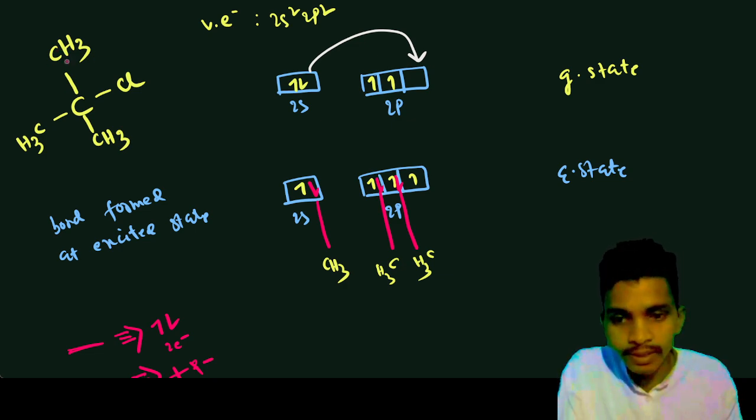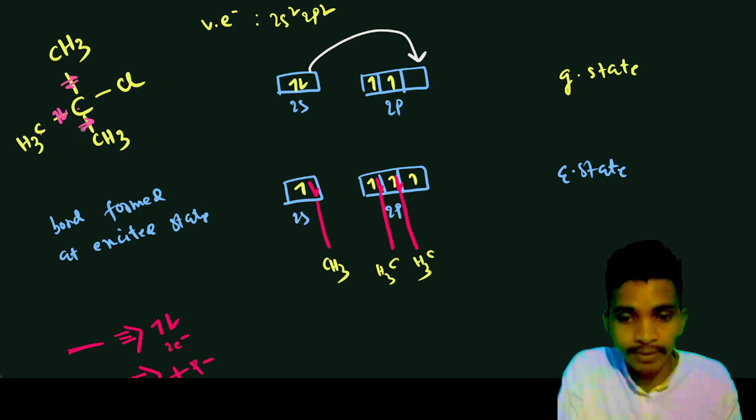Since this is carbon and this is carbon, the electronegativity difference between them is nearly the same, so the bond will lie somewhere in the middle. Same carbons, so the electrons stay in the middle.